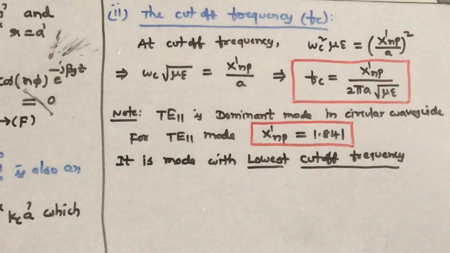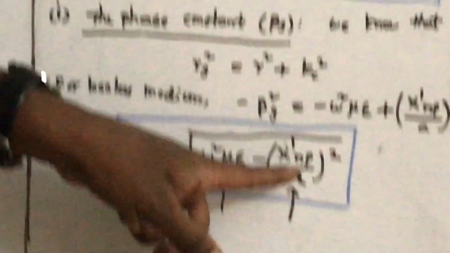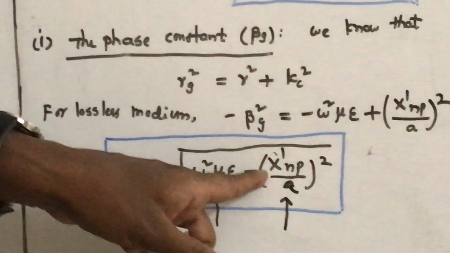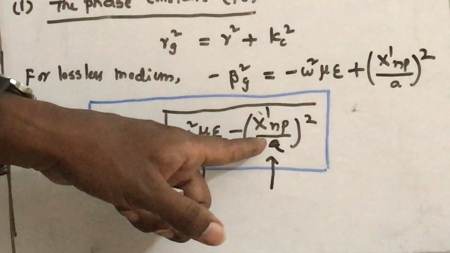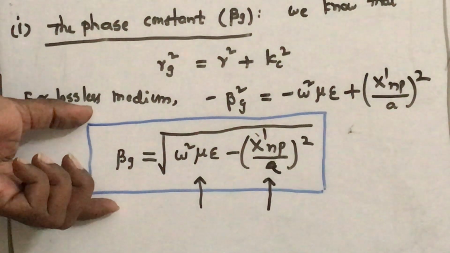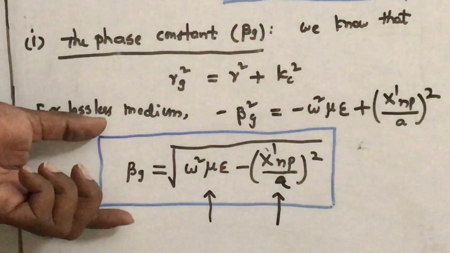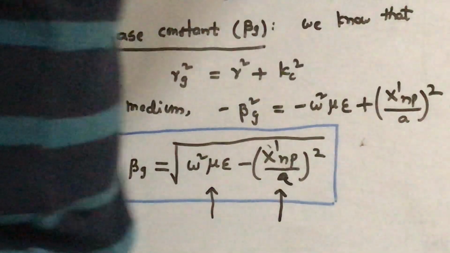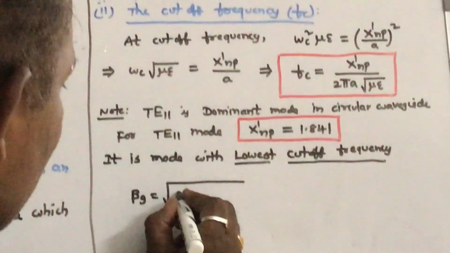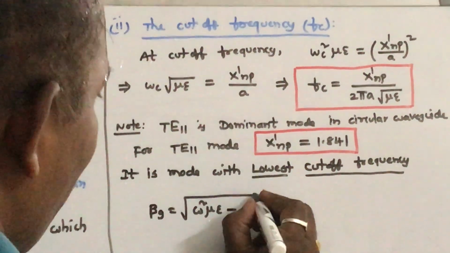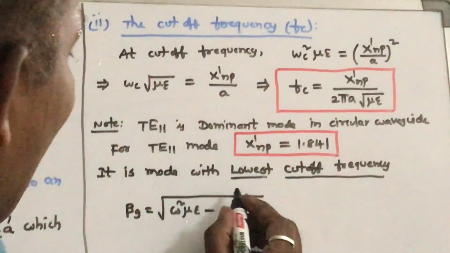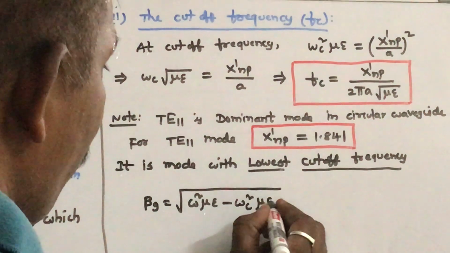Now coming to the derivation, at cutoff frequency, x dash np by a can be replaced by omega c square root of mu epsilon. So we slightly modify the equation for the phase shift constant of the wave inside the circular waveguide. Beta g is equal to the square root of omega square mu epsilon minus omega c square mu epsilon.